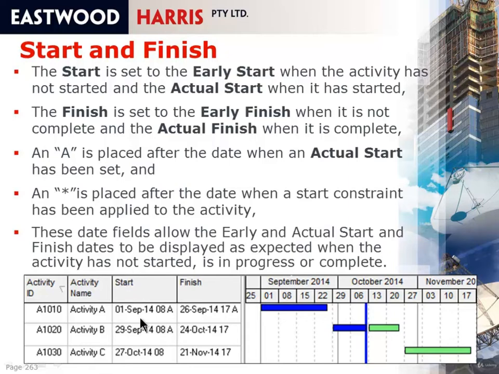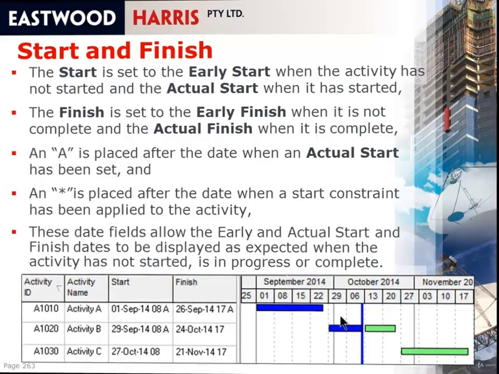So these date fields, that's the start and the finish, allow the early and actual start and finish dates to be displayed as expected when the activity is not started, is in progress or is complete. And therefore you see in the workshops and this presentation to date, we've been showing the start and finish dates, not the early start and the early finish, as you might do with other products such as SureTrack or P3.